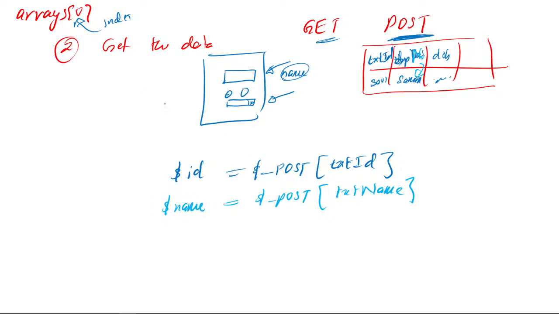Likewise, whatever is sent by this HTML file through the post method is taken into variables. That is the second step, get the data.